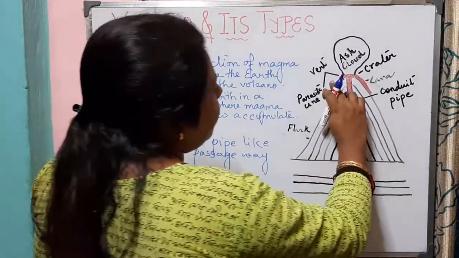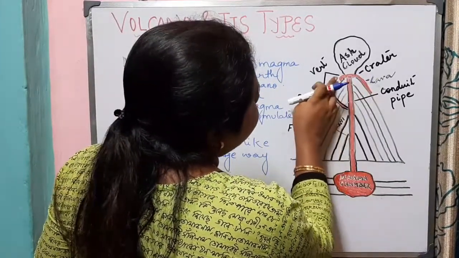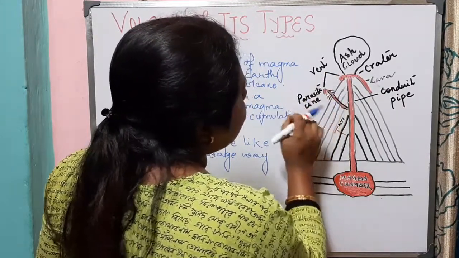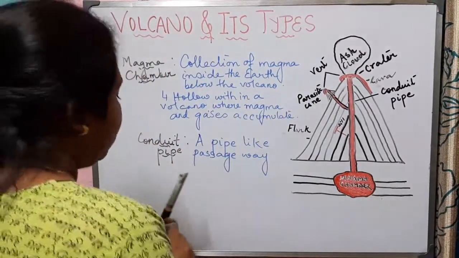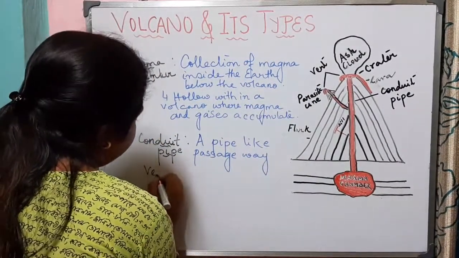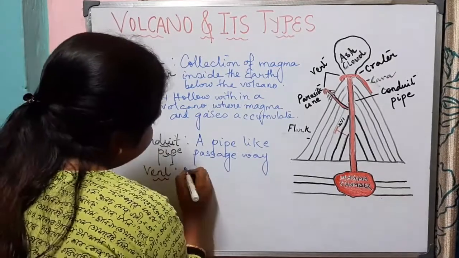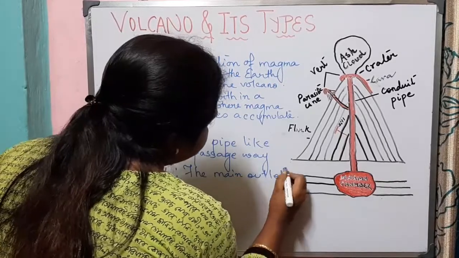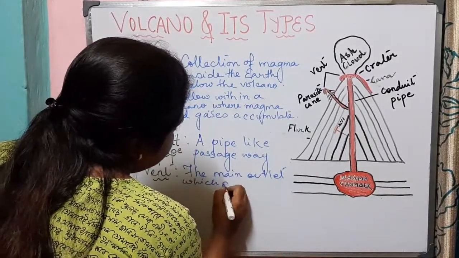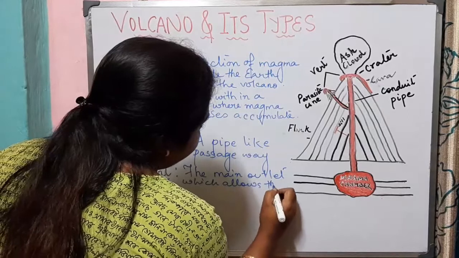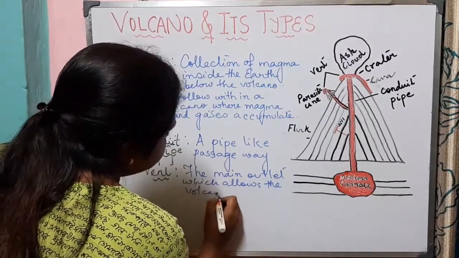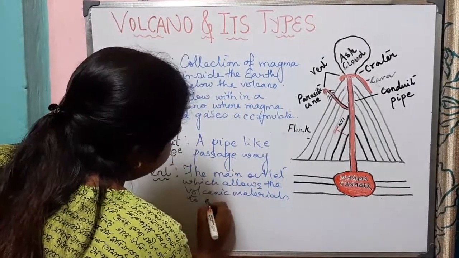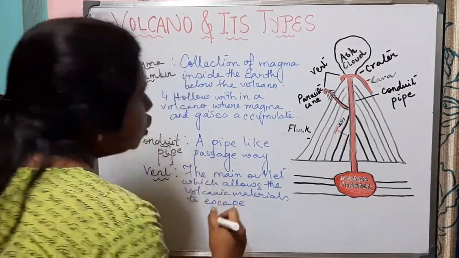Now here you can see that these are some openings from where the lava or the volcanic materials are coming out to the surface. What are these called? These are called vents. Now let us know what you mean by vent, which is another part of a volcano. A vent means the main outlet which allows the volcanic materials to escape to the surface.